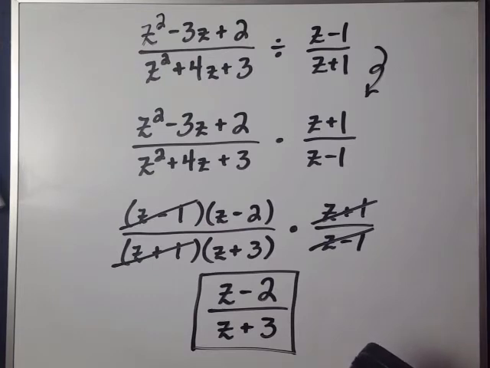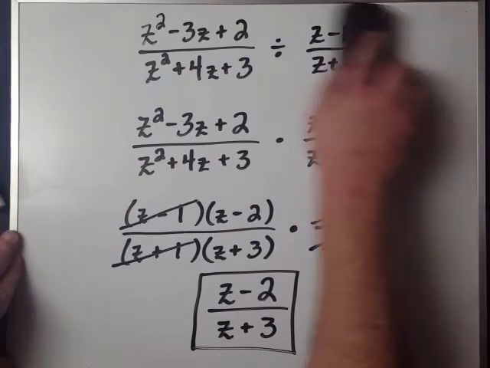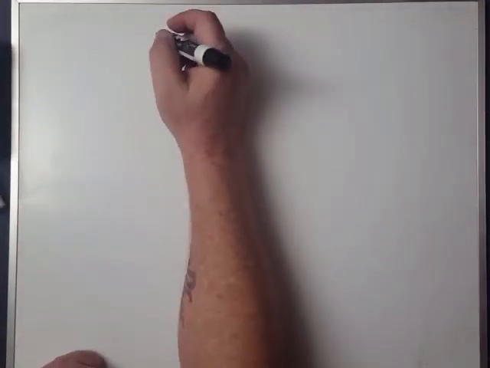All right, how about number 44? And now this time, this is another division problem. This time I'm not going to copy the problem to the board. I'm going to start with flip and multiply.